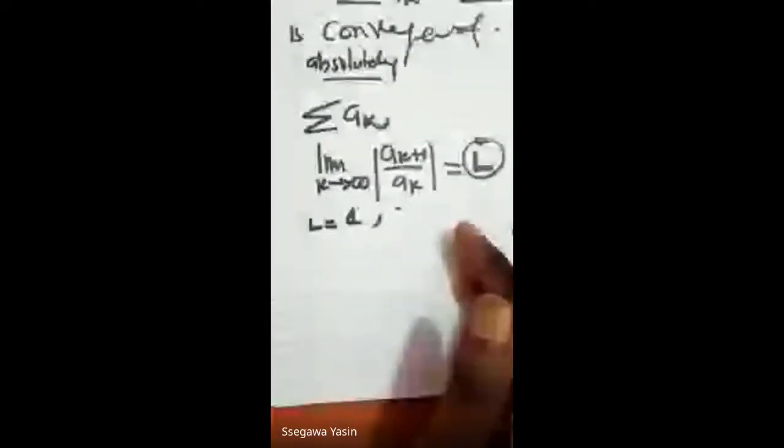If L is equal to 1, we don't have anything to say. We cannot say it. If the answer L is less than 1, this one here converges absolutely. And if the answer L is greater than 1, then we say that it diverges.